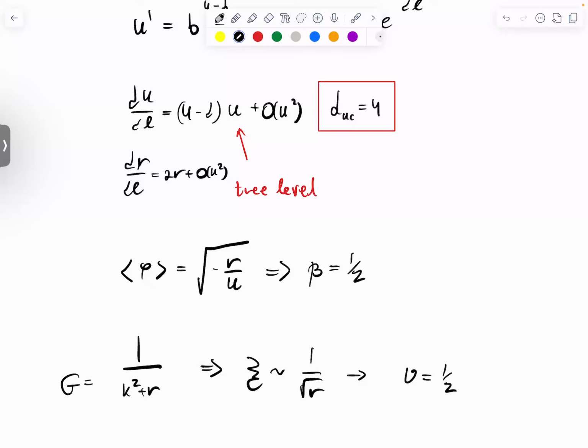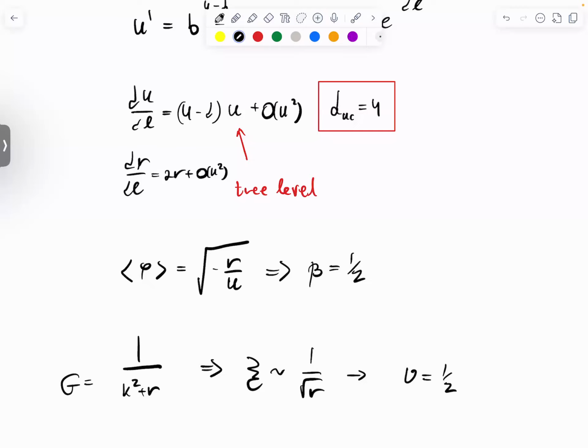It's not renormalizable. Maybe that's this issue with renormalizable. Why is that? Okay, I'll check that. But it might be exactly this issue that above the upper critical dimension, there are what is known as dangerously irrelevant terms.